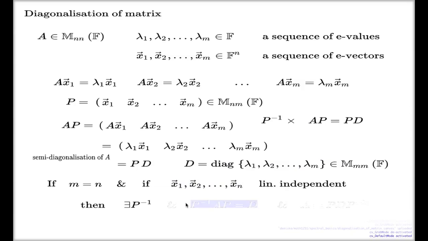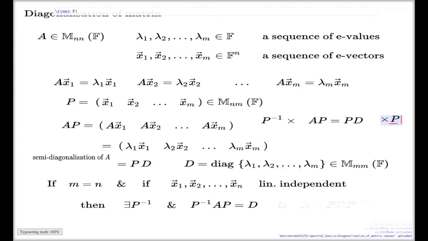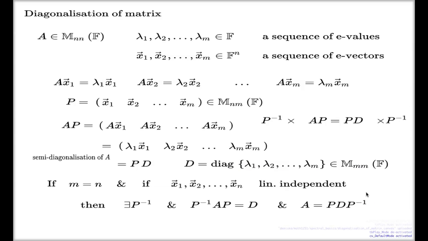If I do that, I will come up with this relation: P inverse times A times P equal exactly the diagonal matrix D. Or I can multiply this identity by P inverse from the right-hand side, in which case I will come up with this relation, A equal P D P inverse.